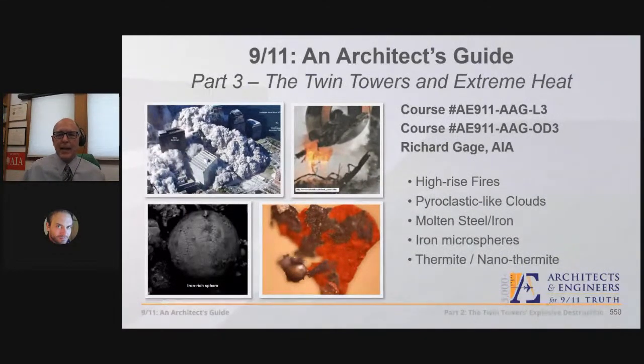Molten steel and iron, creating temperatures 2,800 degrees minimum, and 4,000 degree temperatures documented as well. And iron microspheres throughout the World Trade Center dust, evidence of molten iron, unaccountable by the official story. And thermite and nanothermite as a source for all of that. Very well documented.